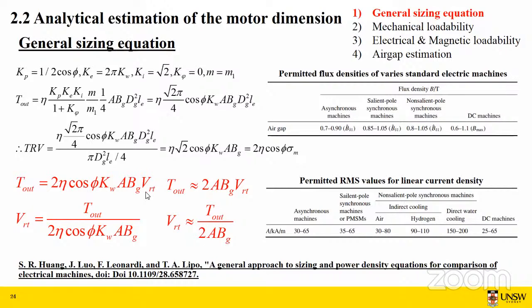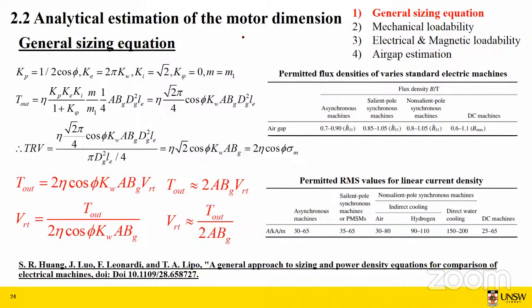And also, we can further simplify this equation to this one. This reveals the relationship between the output torque of a motor and its rotor volume. How can we get this equation from this? Because we have the diameter square times the length of the rotor. Diameter square times pi divided by 4 is the cross-sectional area of a rotor, right?